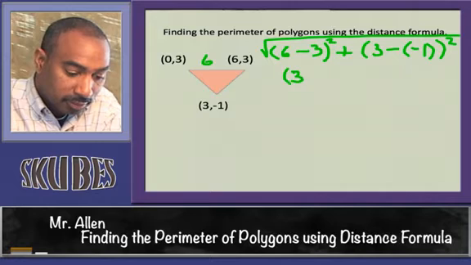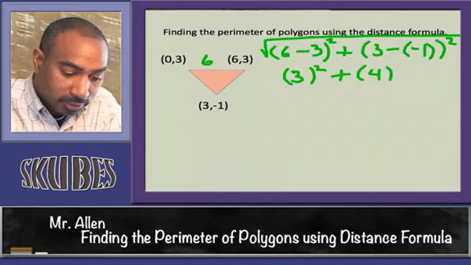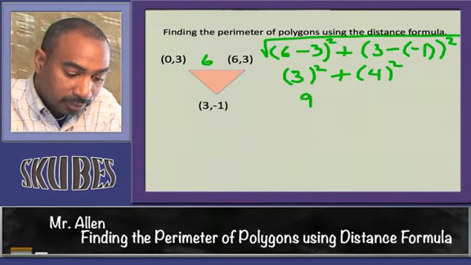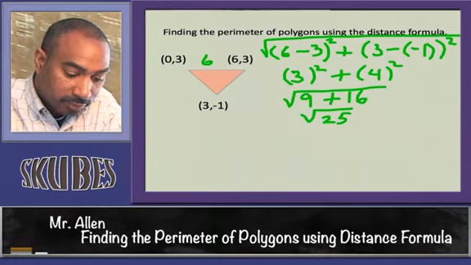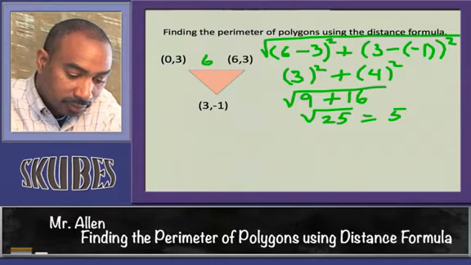So we get 3 squared plus 4 squared. This will give us 9 plus 16, and that's the square root of 25, which is 5. So this has a distance of 5.